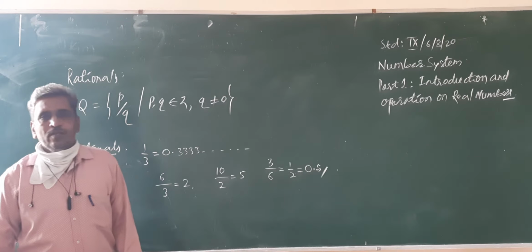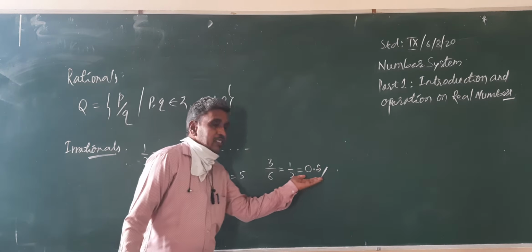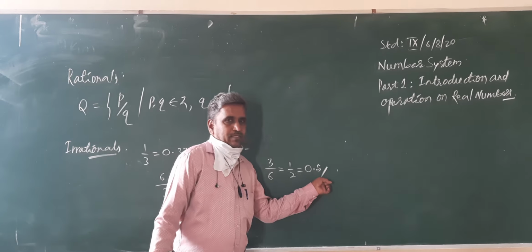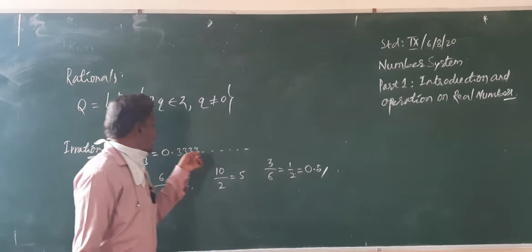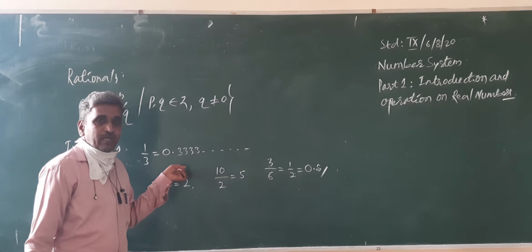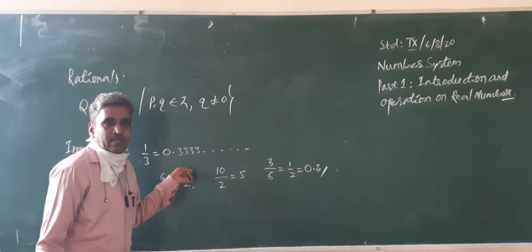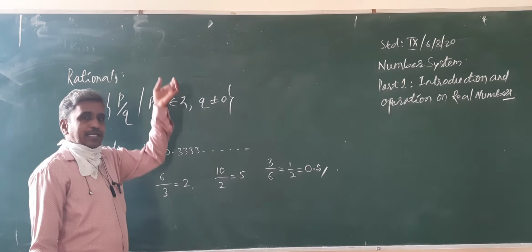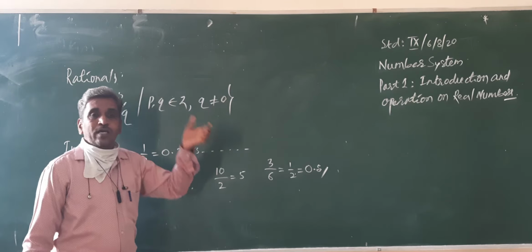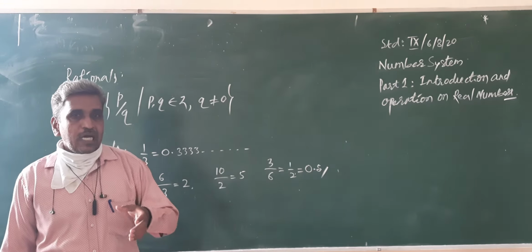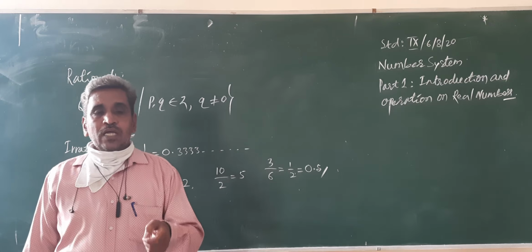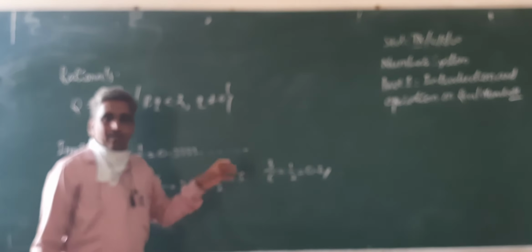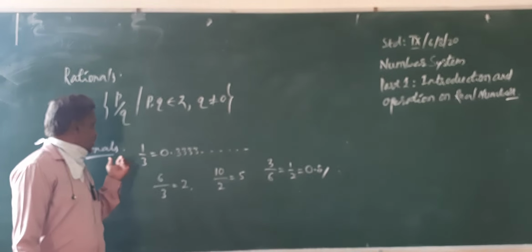Here the decimals are said to be terminating decimals. In the earlier case, the decimals are said to be recurring decimals. Terminating decimals and recurring decimals are called rational numbers. Where it is not possible to put the number as terminating or recurring decimals, they are said to be irrational numbers.